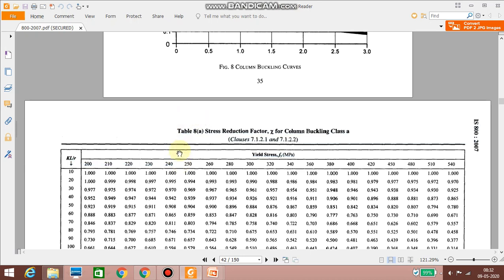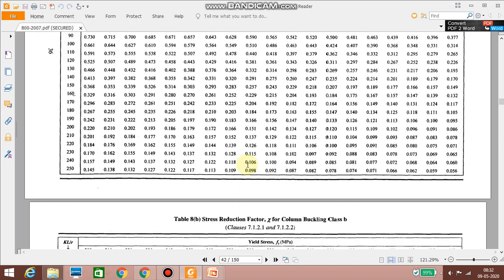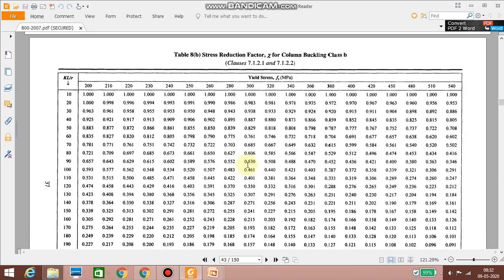So the various values of the stress reduction factor psi for column buckling class A are given in table 8a for various values of KL divided by r and yield stress. Similarly, in the next one, table 8b, the stress reduction factor psi for buckling class B is given.